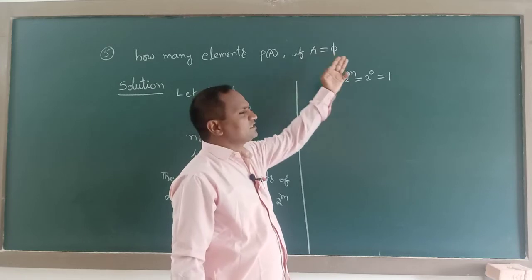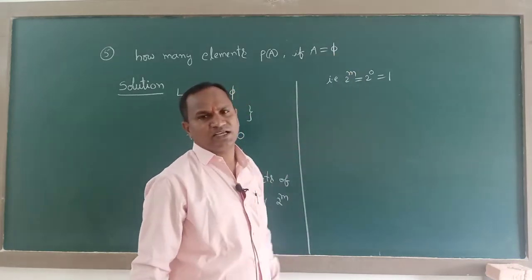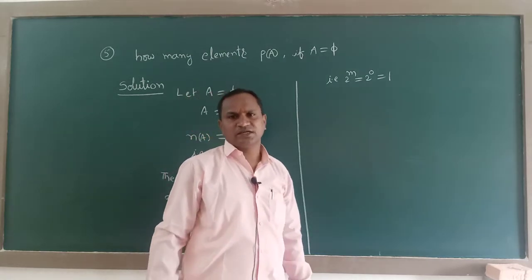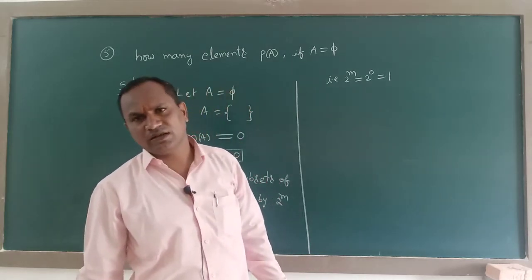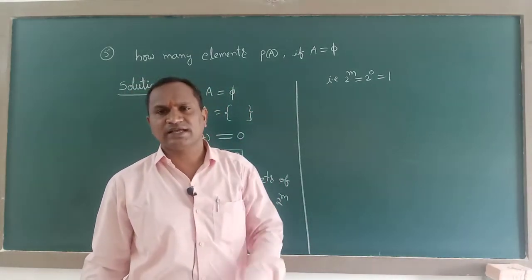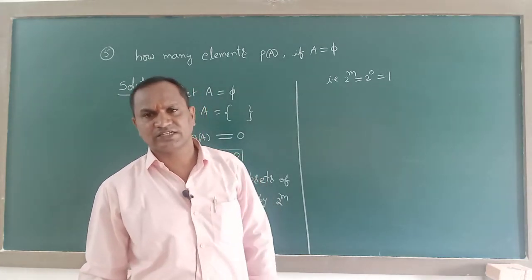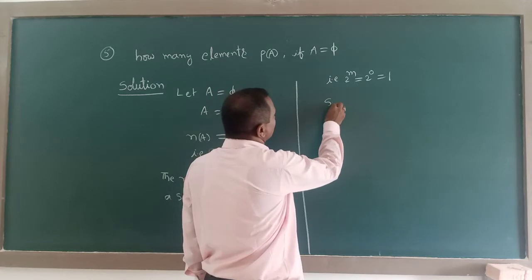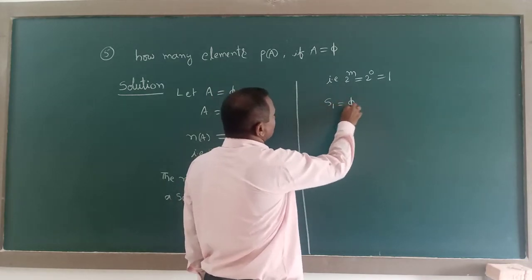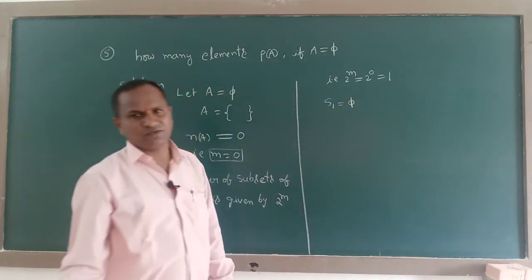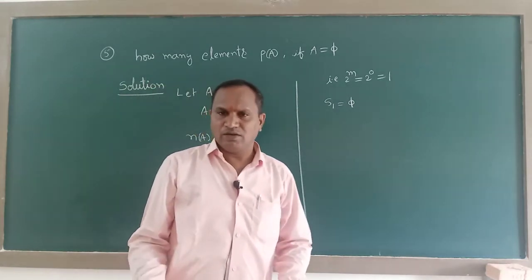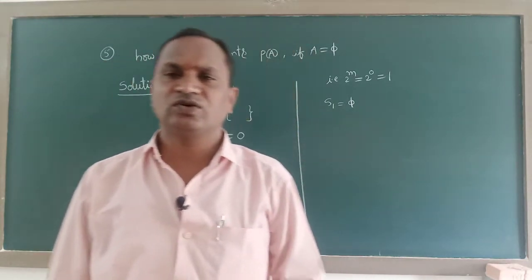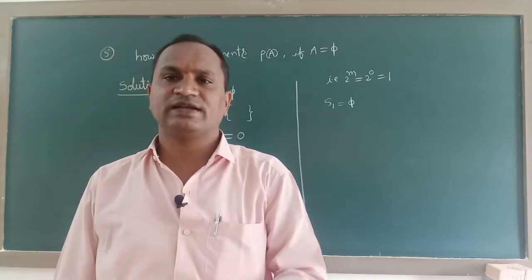In these two cases, we are getting the same element. But in a set, if you write one element a number of times, that element is considered only one time. That's why here we are getting only one subset. S1 is equal to the null set, and even S2 is equal to the null set, but the element is the same for S1 and S2, so we consider it only one time.